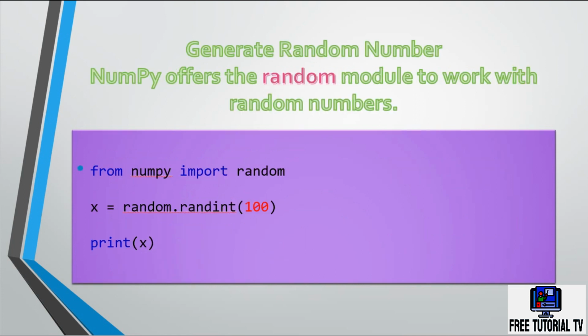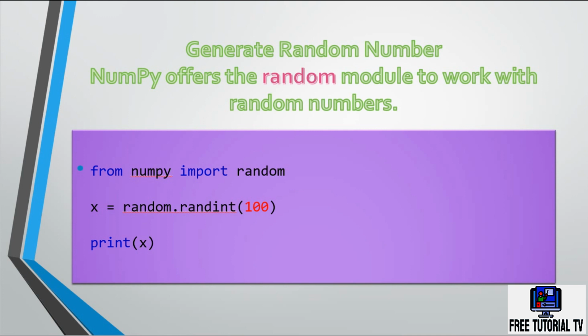Now let's see how you can generate an array using random number generation. In the code, you import from NumPy an object called random, and in that object you have a function called randint, and then you define the size of the number to be generated.